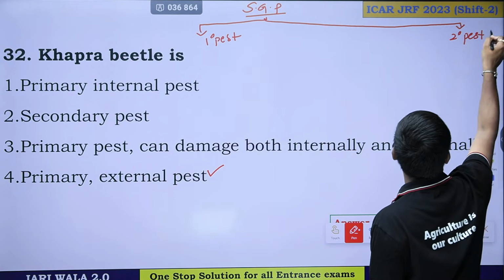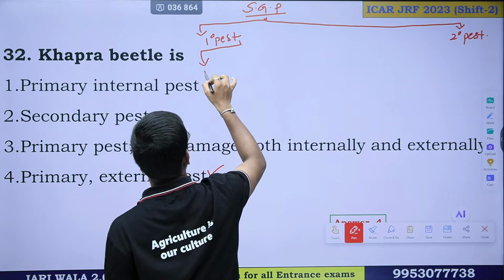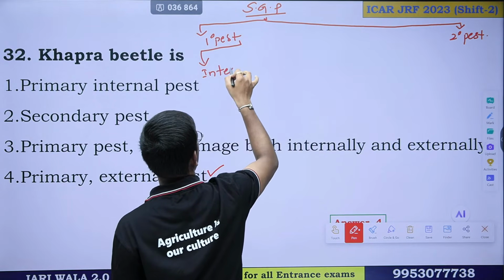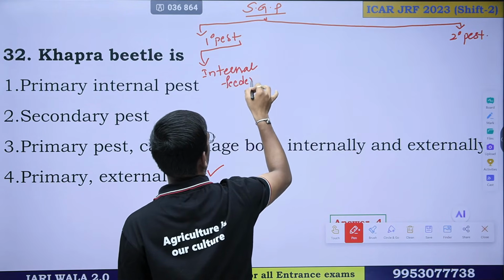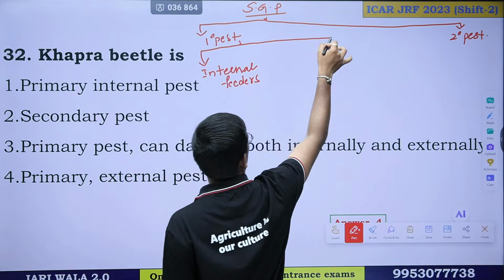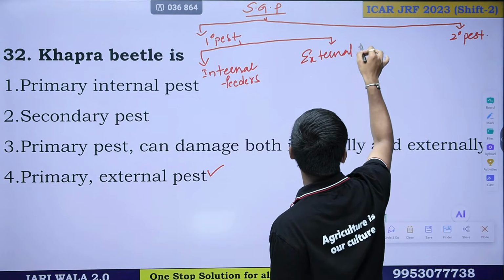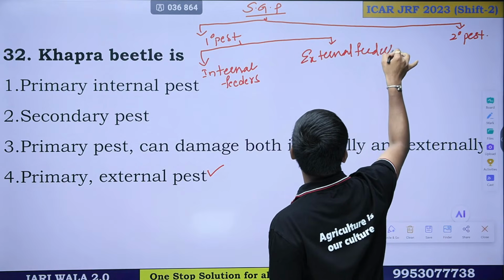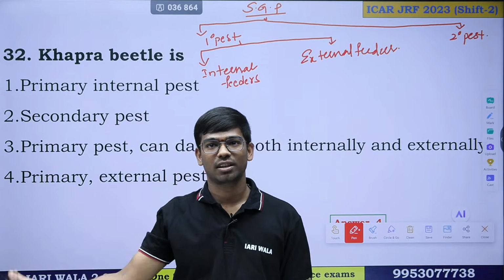And in that again, we can classify them as internal feeders on this side and external feeders on that side. And this much we have discussed in the initial questions.